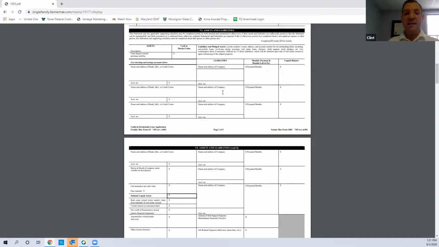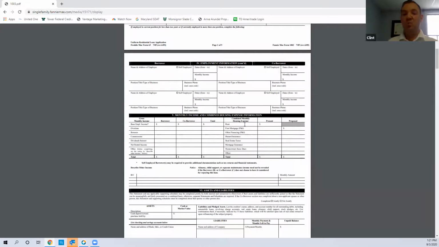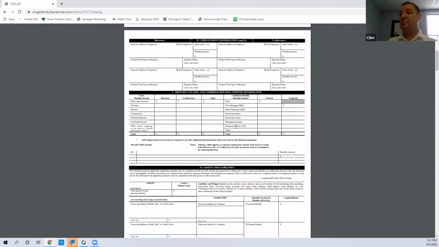So I will get an idea of student loans, car payments, credit card debt, housing debts, things like that. And then, of course, I'm always going to ask about current rent payment, and we're going to get a breakdown if they already currently own a home. I always ask them about their first mortgage, their total payment, and whether or not that's escrowed.